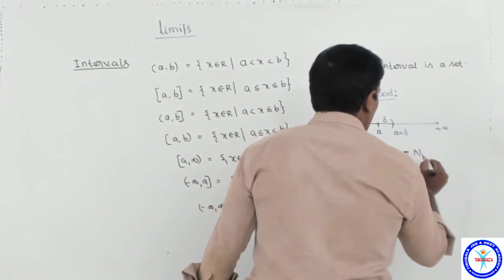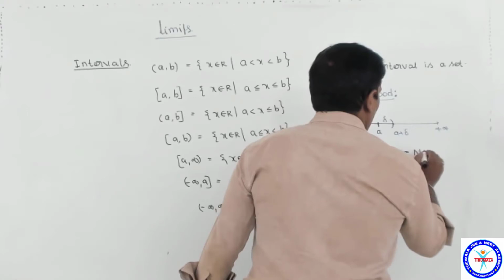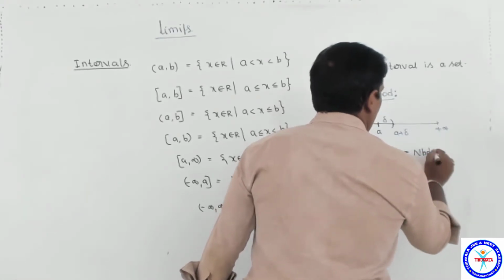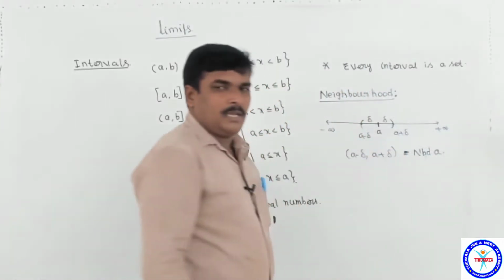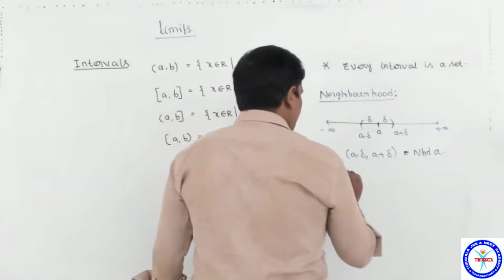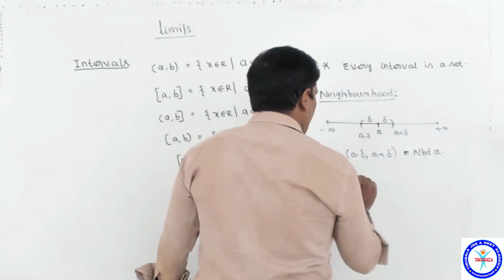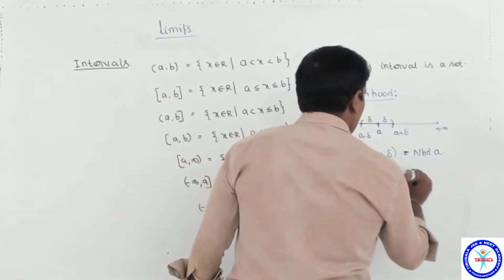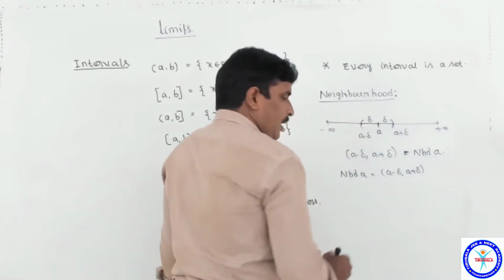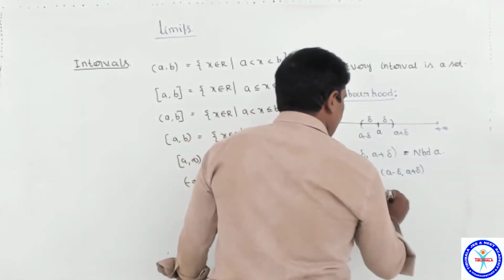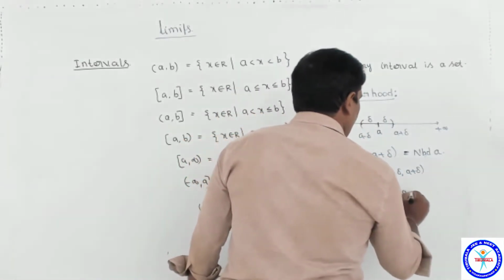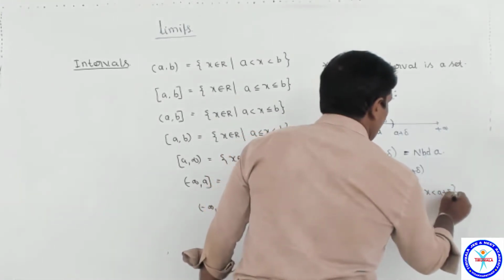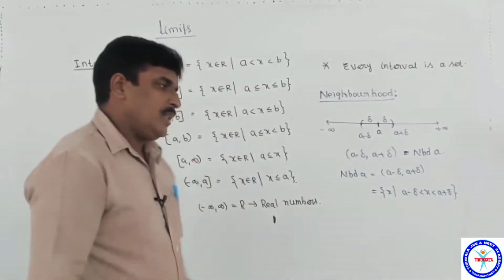It is denoted by NBD of a. So the neighborhood of a is equal to (a − δ, a + δ), and these are the elements x such that a − δ < x < a + δ. Now subtracting a through the inequality, we get −δ < x − a < δ.